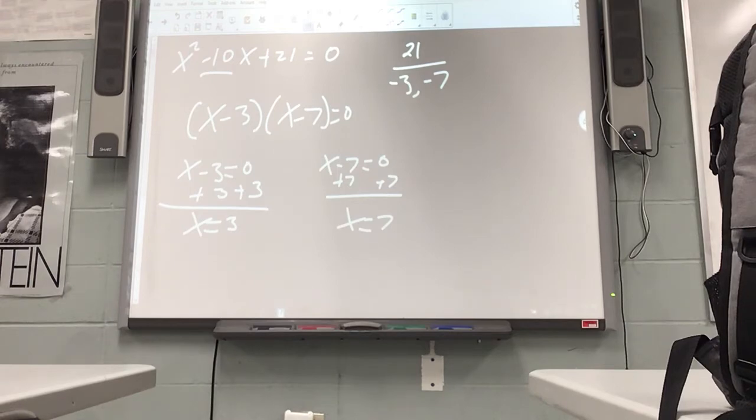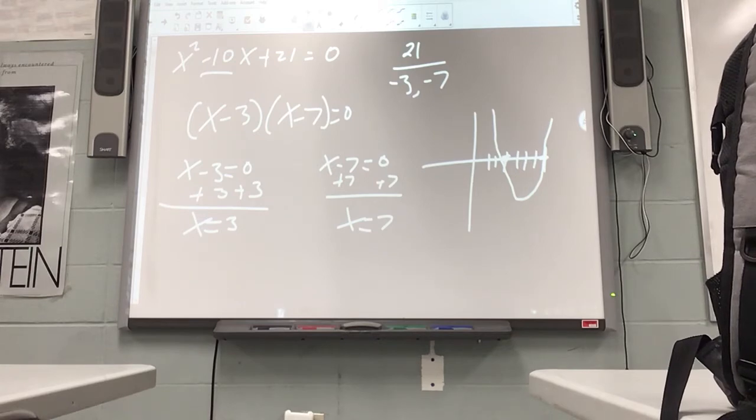Now remember what we're actually finding, and we looked at this Monday when we were graphing. Those are the 2 places this parabola would cross the x-axis, right? Just keep that connection in your brain.